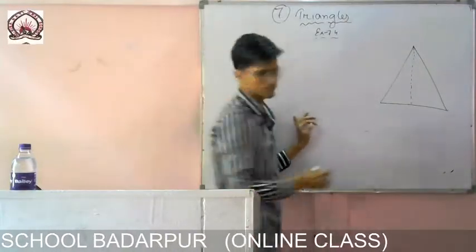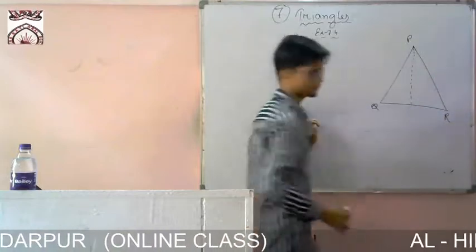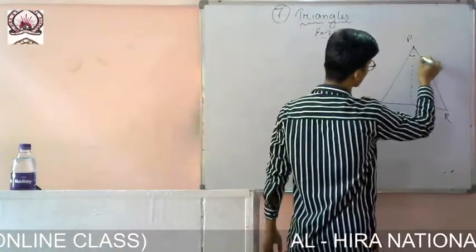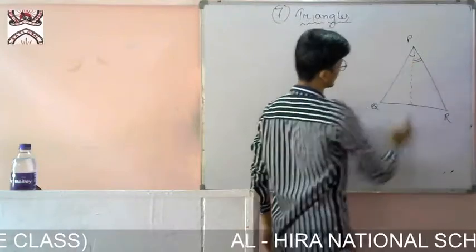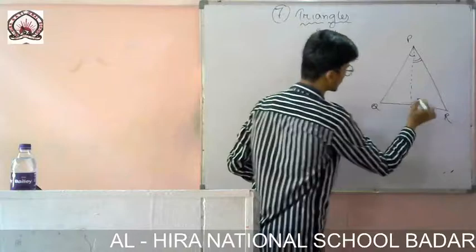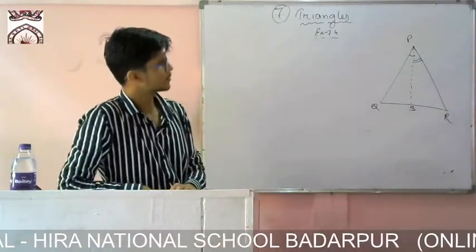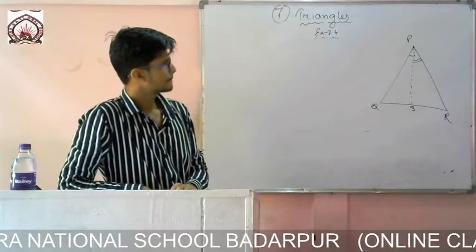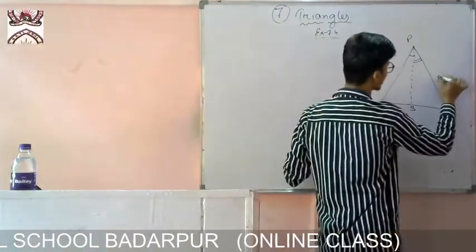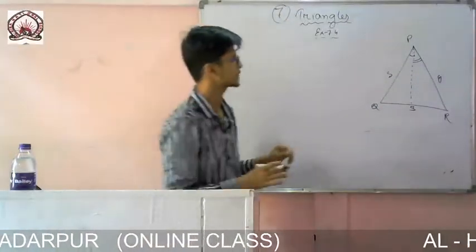So PQR, and there is one angle given, another one given. This is what is given in the figure. What is given here is that PR is greater than PQ. So this side is given greater than this one. That means that one is the greater side, this one is the smaller side.